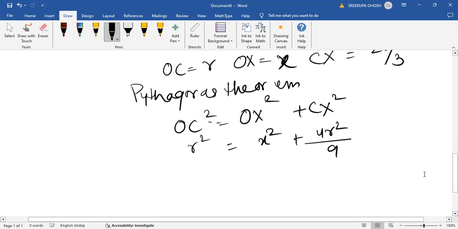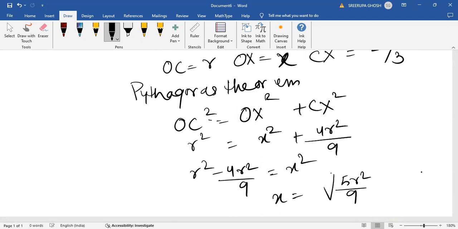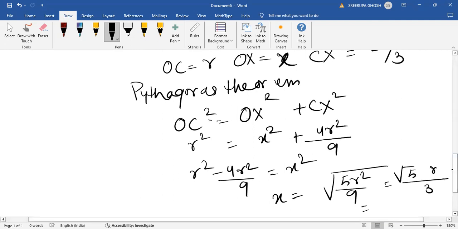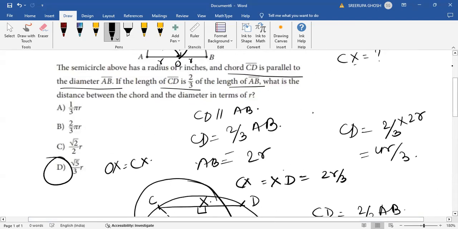Correct? 2R by 3 whole square. So X square is R square minus 4R square by 9, which is 5R square by 9. X is root over 5R by 3. So the answer should be root 5 by 3 into R. In terms of R is what they have asked, no? So I think D should be the answer.